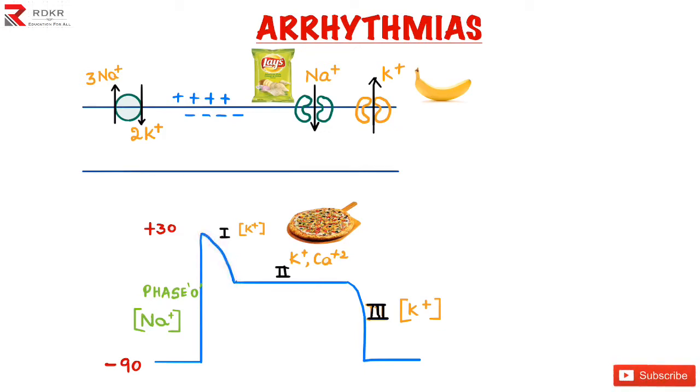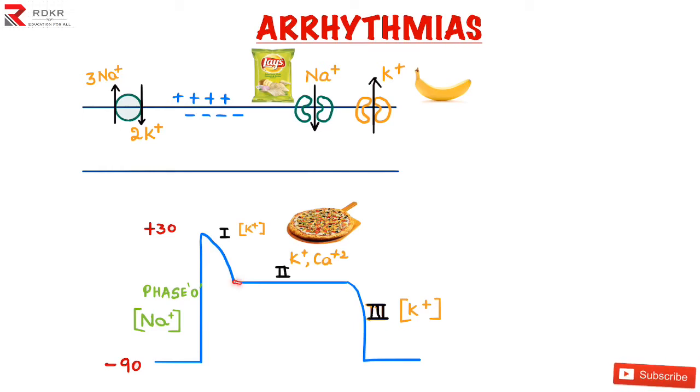After some time, what happens? You again start craving pizza, like anything. So now you get a pizza and you start eating. Pizza is more of cheese, and cheese has more calcium content. So when you start eating the pizza, there is an influx of calcium ions into the cell. So calcium is coming inside and potassium is still going outside, because you still didn't eat the banana.